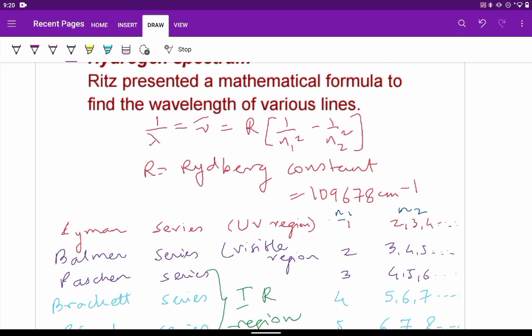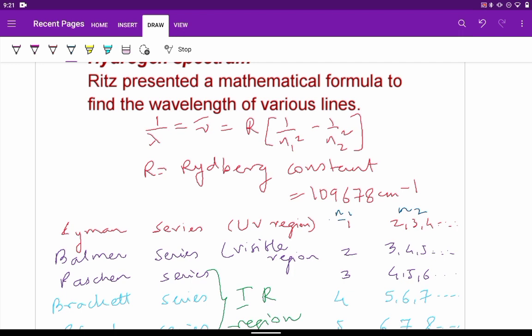For the Lyman series, n1 is 1, and n2 can be 2, 3, 4, 5 or anything. So these integers are such that n2 should be greater than n1.